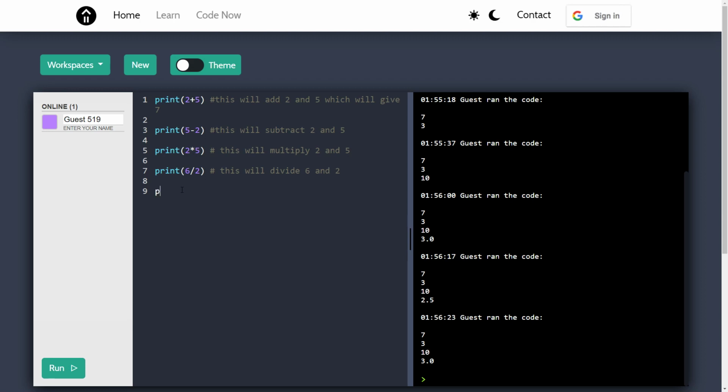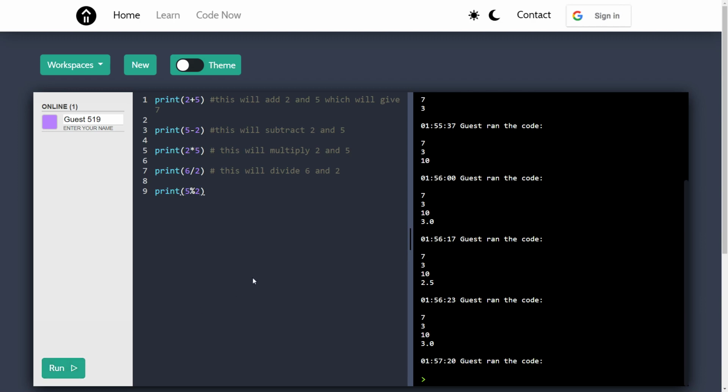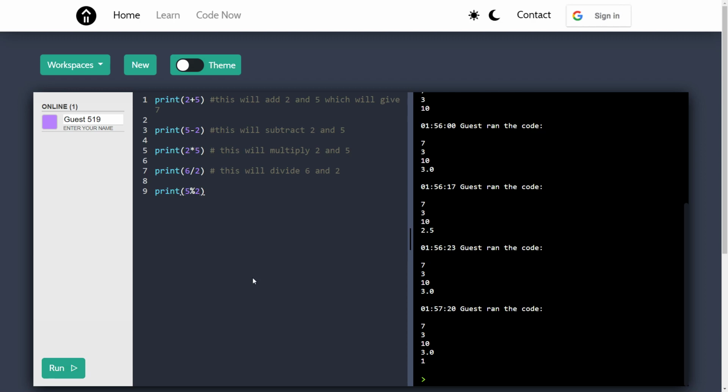I'm just going to show you an example and maybe we can work out what it does. 5 and then you go %2. You would read this as 5 mod 2. Let's run this. So, we get 1. What type of division is this? I'm going to put modular division. Let's think.